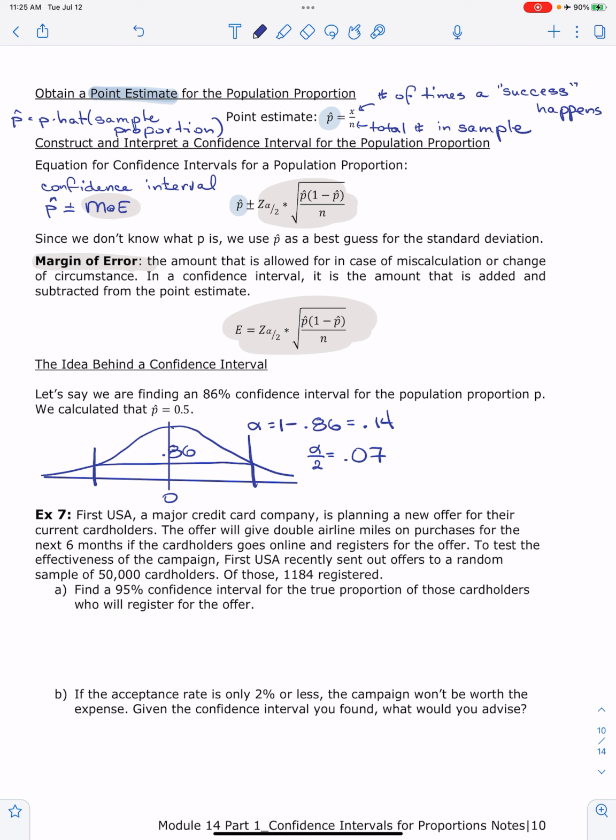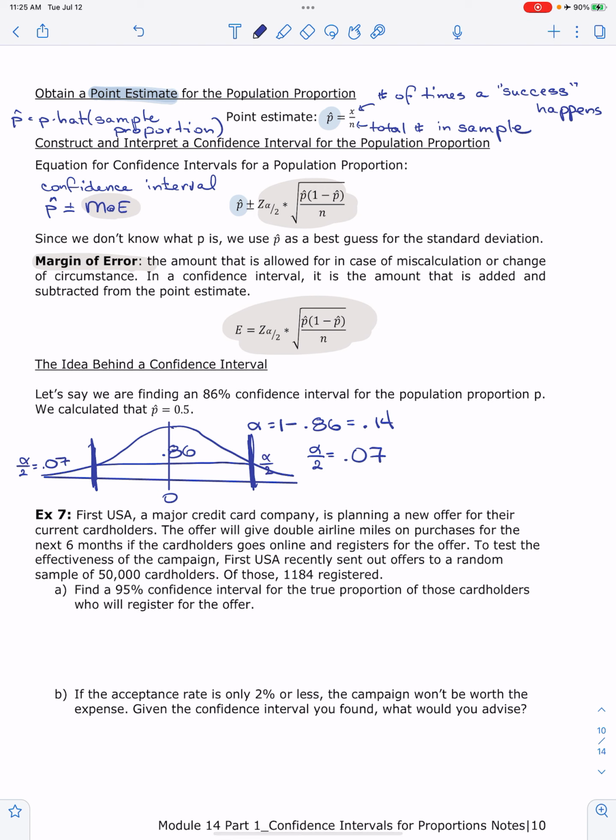Now, why would I divide that by 2? If I want a confidence interval that wraps around my center, I am looking for how much is out in the tails. So if 0.86 is between my two lines here, 0.14 is outside, we divide that evenly between each end.